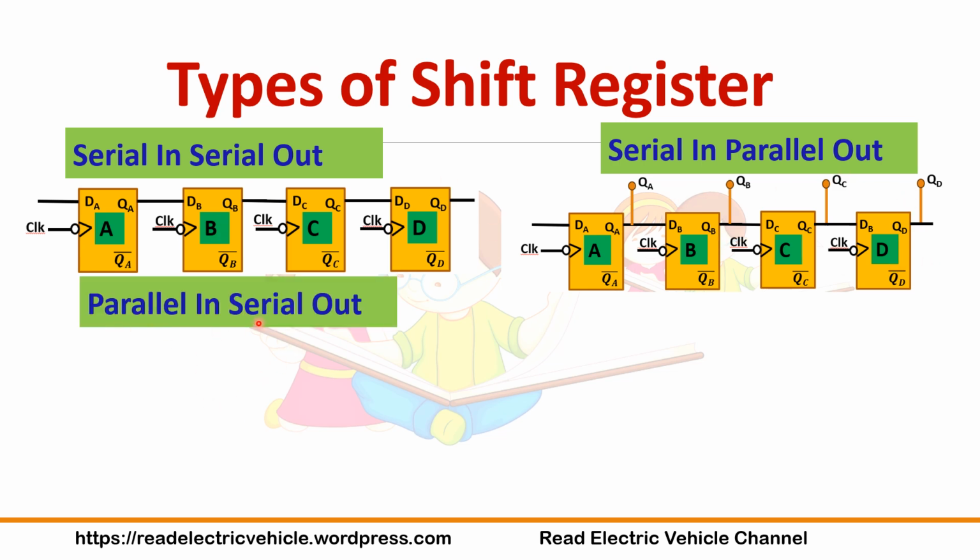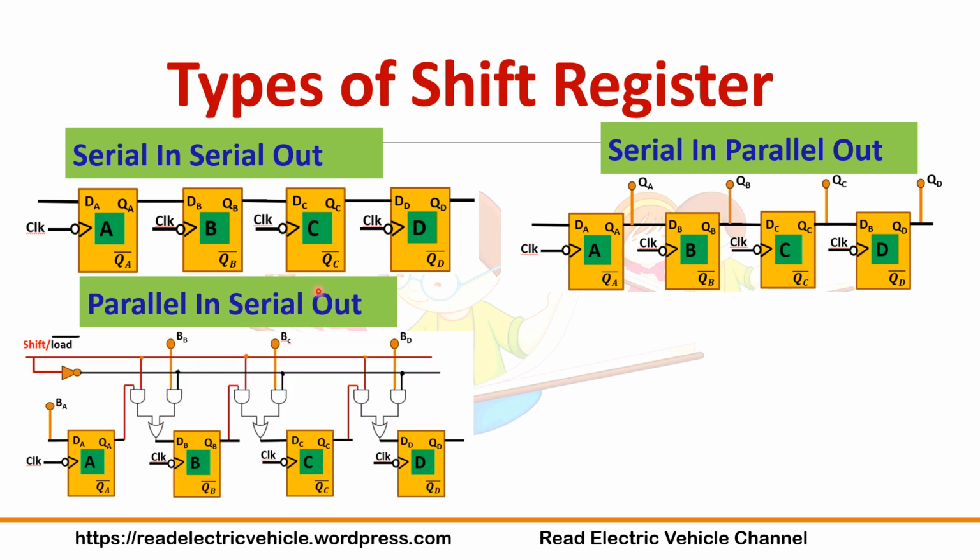Next we have parallel in, serial out. This is completely different from the other types. Here the input is given parallelly, that is, at the same time all the 4-bit data is given, but you take the output bit by bit. So you have to take care of two things.